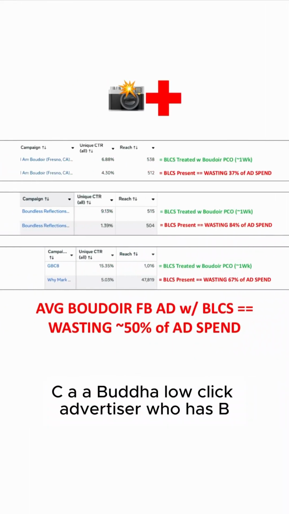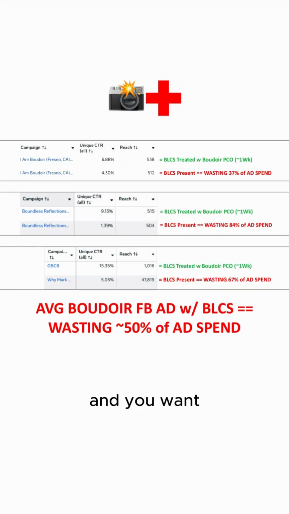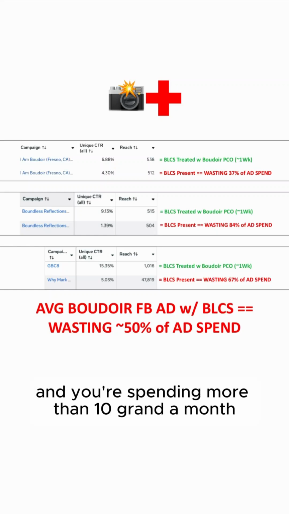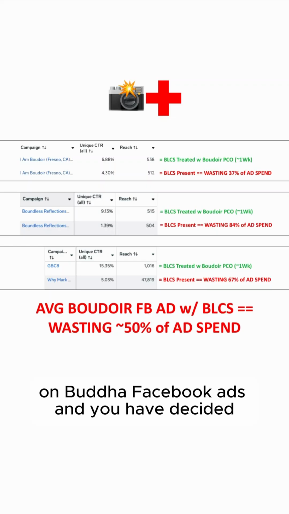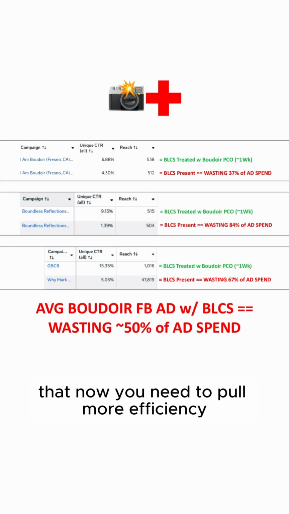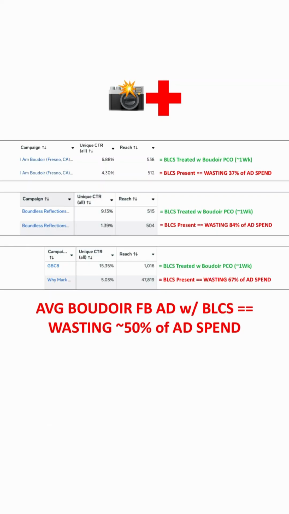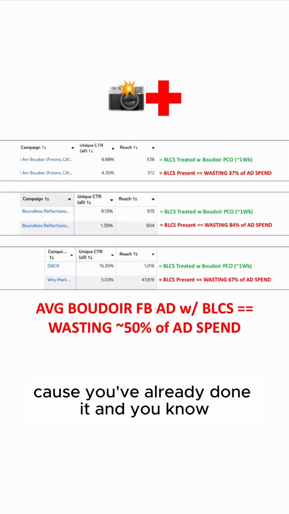If you're a BLCA, a boudoir low click advertiser who has BLCS, boudoir low click syndrome, the unique CTR of your boudoir Facebook ads is under 6%, and you're spending more than 10 grand a month on boudoir Facebook ads, and you have decided that now you need to pull more efficiency, more profit out of your business through making your boudoir Facebook ads more efficient, because you've already done it in other places in your business.